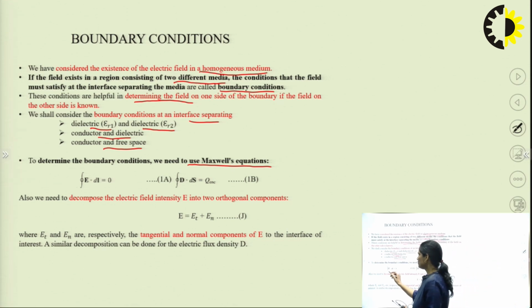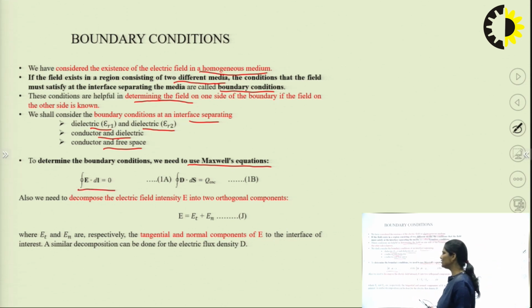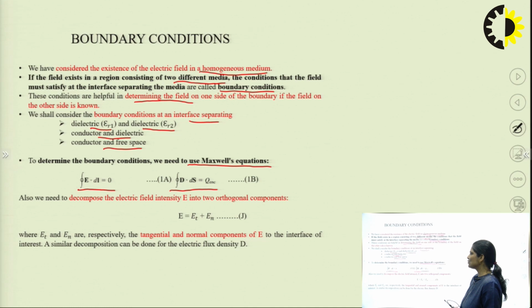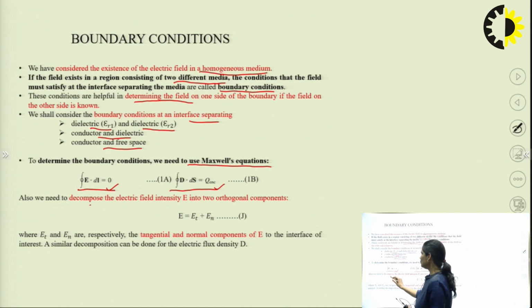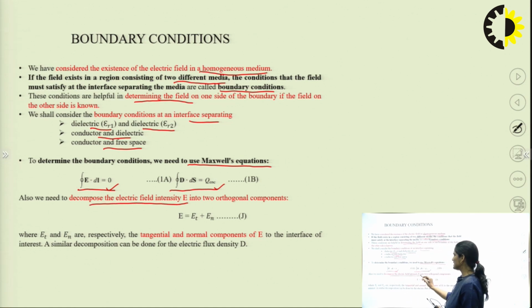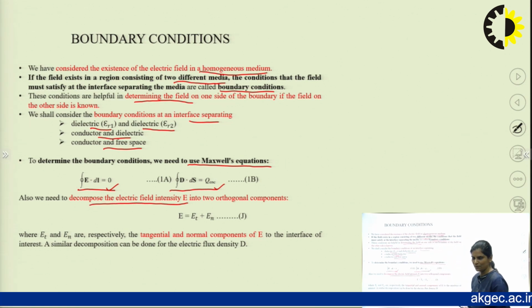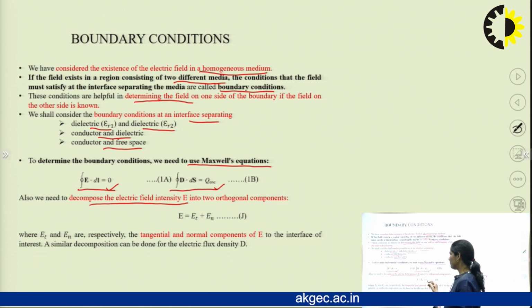Now closed integral E dot dl is equal to 0, and closed integral D dot ds is equal to Q enclosed, as we have done previously. We need to use the Maxwell equations here. We need to decompose the electric field intensity E into two orthogonal components, that is E equals Et plus En.